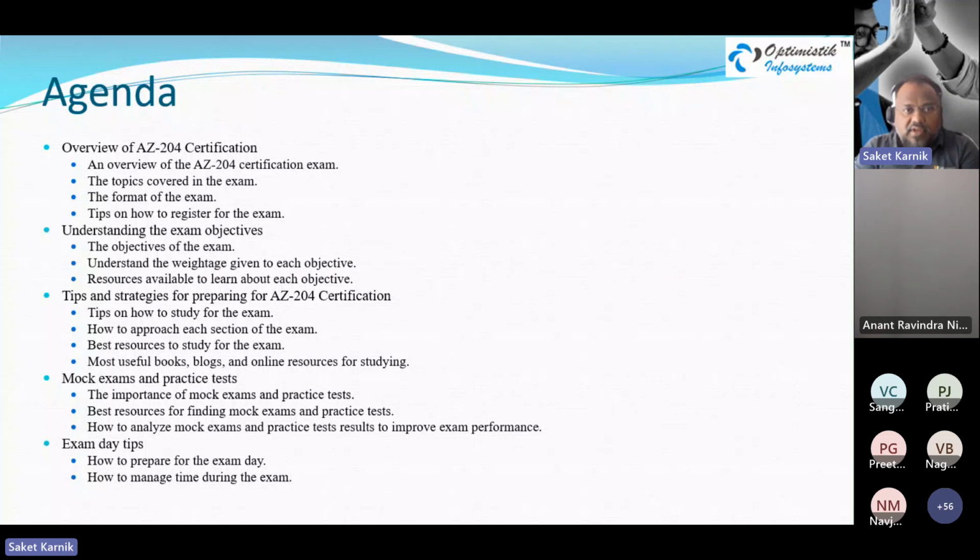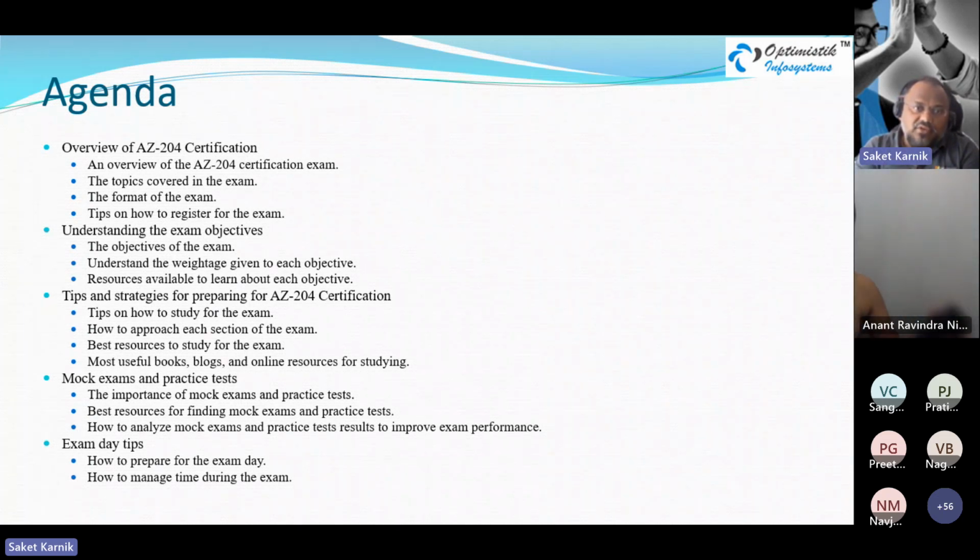Then followed by some tips and strategies for preparing for the AZ-204 certification, which includes tips on how to study for the exam, how to approach each section of the exam, best resources available for the study of each section, and followed by the most useful books, blogs, and online resources that are available for studying, apart from the offline resources, of course.